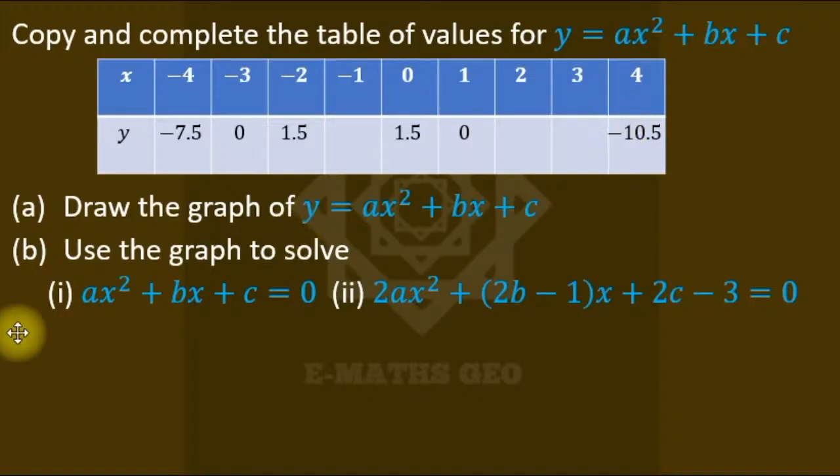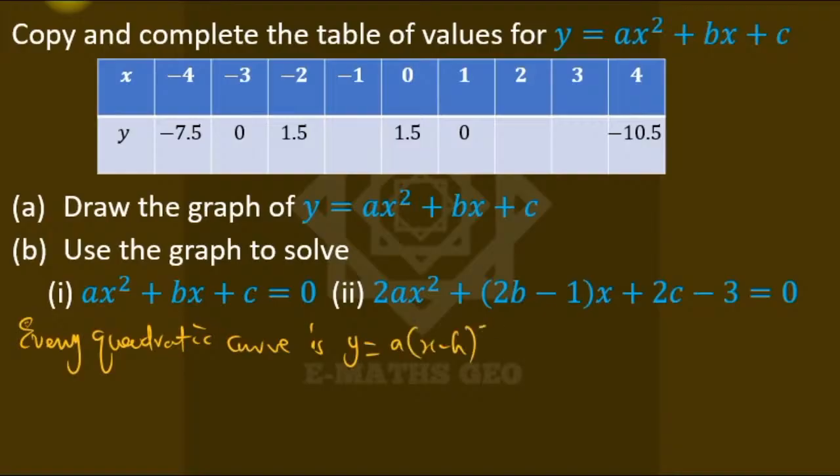Before then, the quadratic curve is either written, this is one of the forms. This one is the general form. But we can still write it in terms of the center. So a quadratic curve is always y equals a bracket x minus h squared plus k, or a bracket x minus alpha times x minus beta.